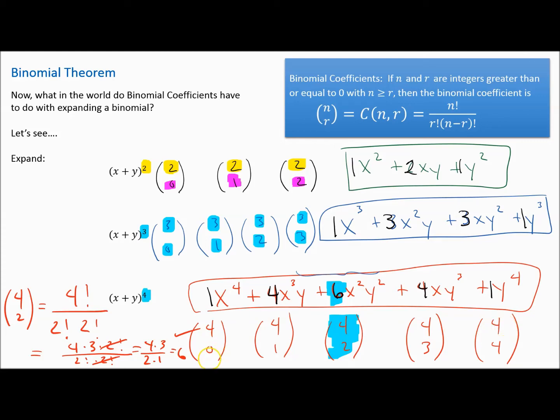And then the choose number, or the bottom number, starts at 0 and just counts up: 0, 1, 2, 3, until you get to 4. So what if it was to the 5th? You would have 5's across the top, and then you would count 0, 1, 2, 3, 4, 5. So that's where these coefficients are going to come into play for our binomial theorem. It's also called binomial expansion.